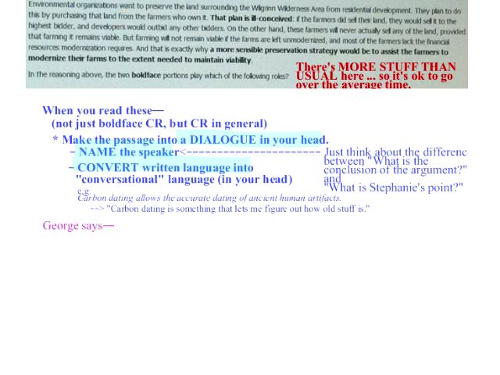But okay. George says there's these orgs, they want to preserve the land. What these orgs are trying to do is protect that land from development.